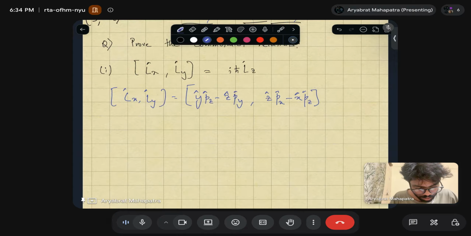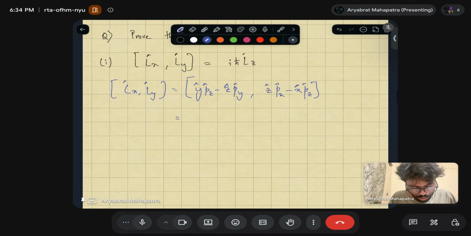Now you can just separate out the individual commutators, meaning I can group them in the following way.